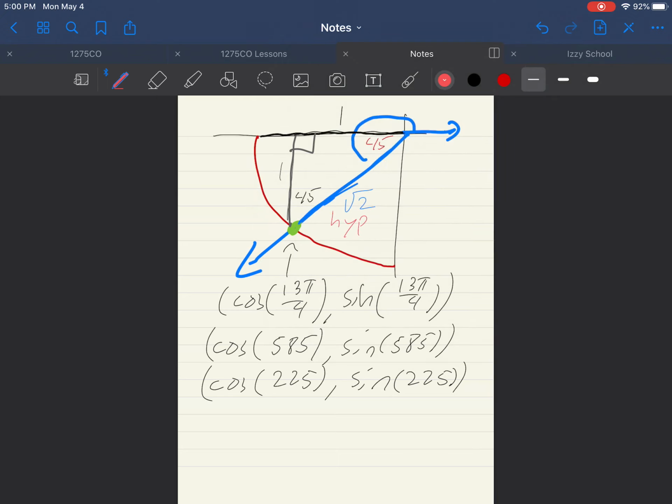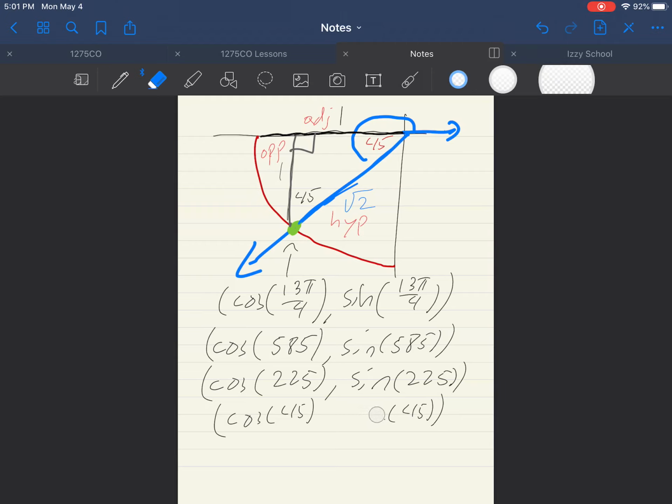These are the basic side lengths of a 45, 45, 90 right triangle. Thus, radical 2 is the hypotenuse, and we have opposite and adjacent, each equaling 1. So now we're using a reference angle of 45 degrees. We are not using 225 anymore; we're actually using 45 instead.